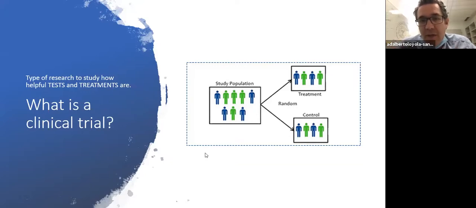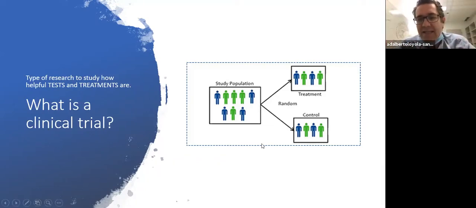For example, in the figure here, the first box is the study population. So you define which group of people you want to investigate, either about a test or a specific treatment, and then you divide the people, or you randomly select people and put them in 2 or 3 different groups.